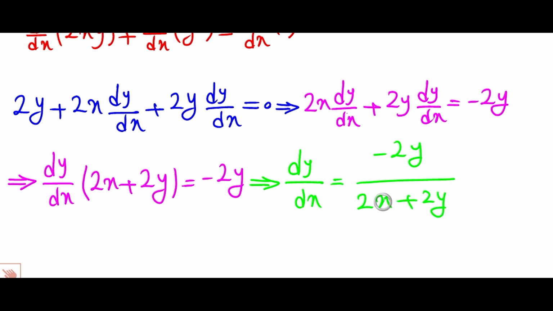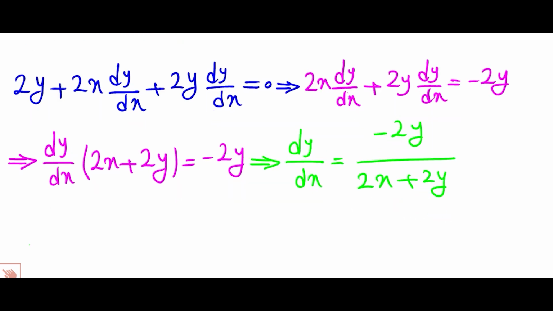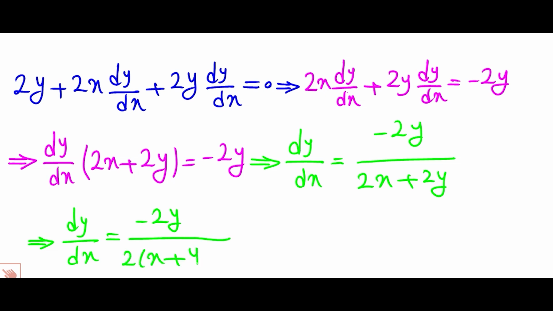We can factor out a 2 from the denominator and cancel it with the 2 in the numerator. So we have dy/dx equals negative 2y over 2 times (x plus y).